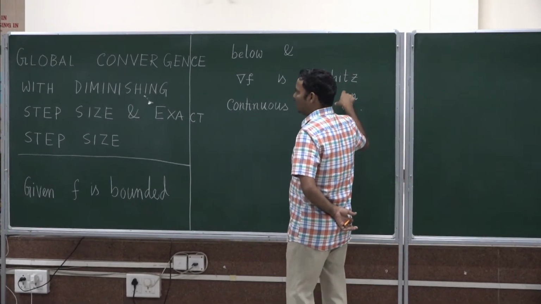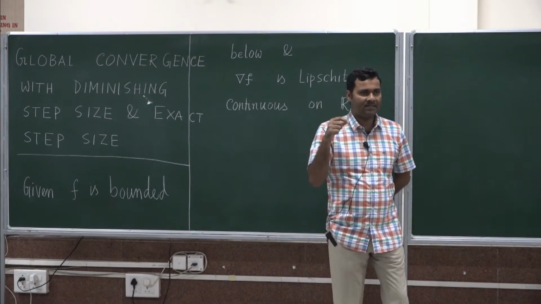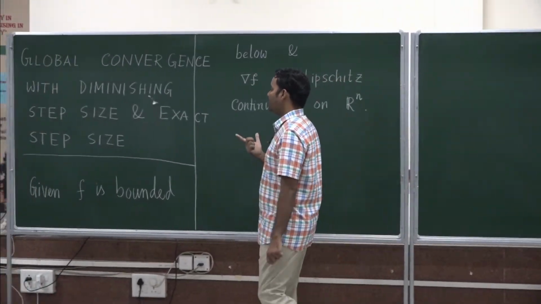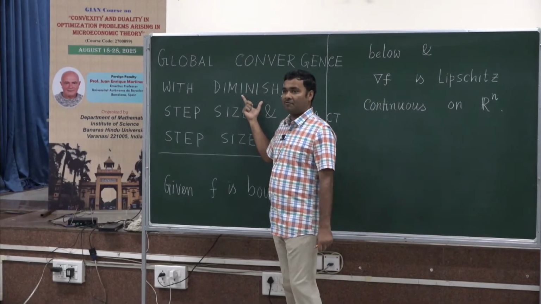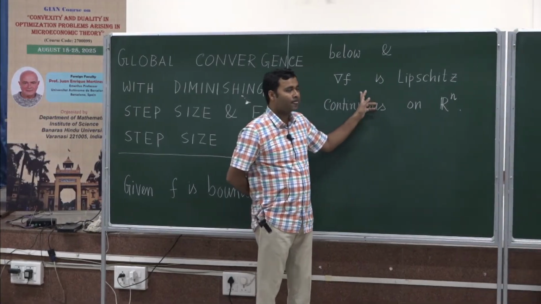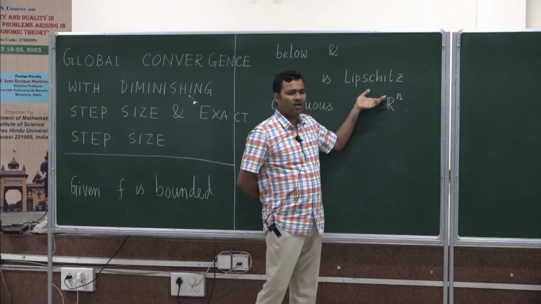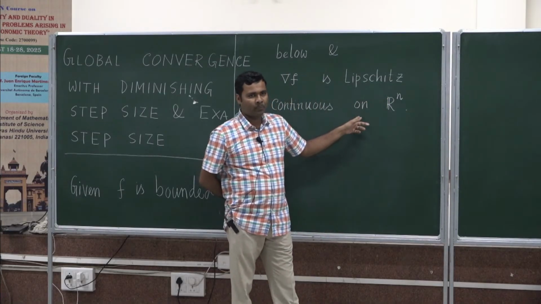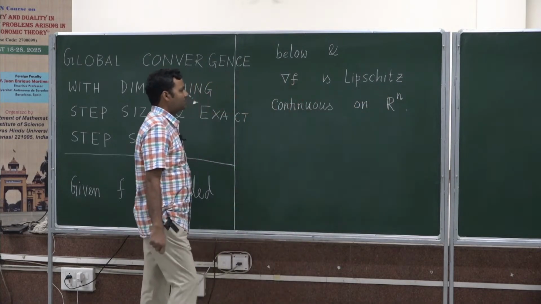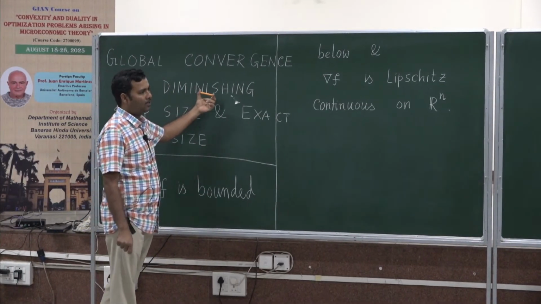Commonly we require this in the initial level set L0 where f(x) is less than or equal to f(x0), but here, as this diminishing step size rule does not always have the descent property, we require this Lipschitz continuity inside the entire domain of the function. Here we are loosely considering the domain as Rn, but we can replace this with the domain of the function.